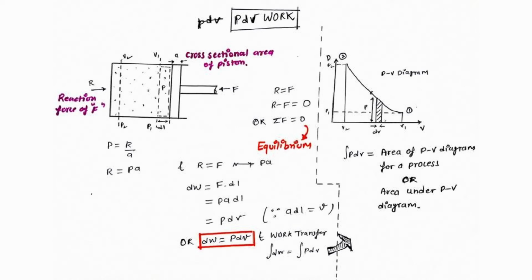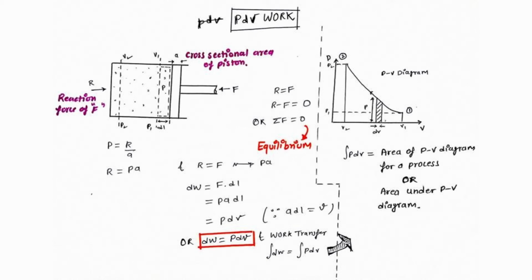Work done is force into displacement. If we consider a small elemental instance where the piston is displaced by a small displacement of dl, we have dW is equal to F into dl, and F is the reaction force itself.